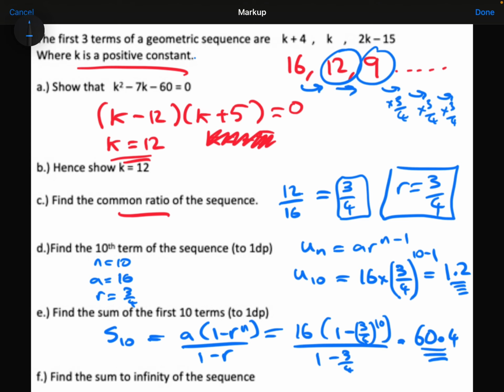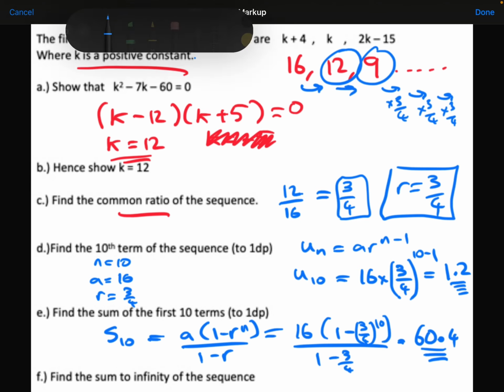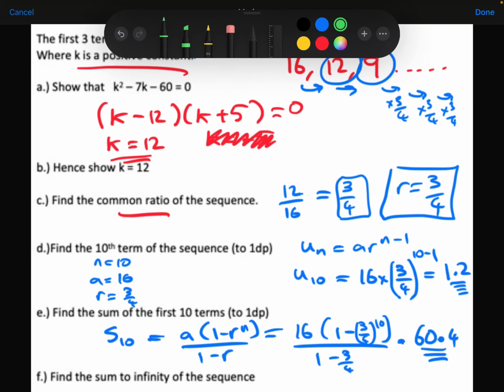And then finally part F, find the sum to infinity. If I keep adding these numbers for an infinite number of terms, what would it converge to? What would it add up to? So let's use the sum to infinity formula, which is a over 1 minus r. a in this case is 16. r is 3/4.